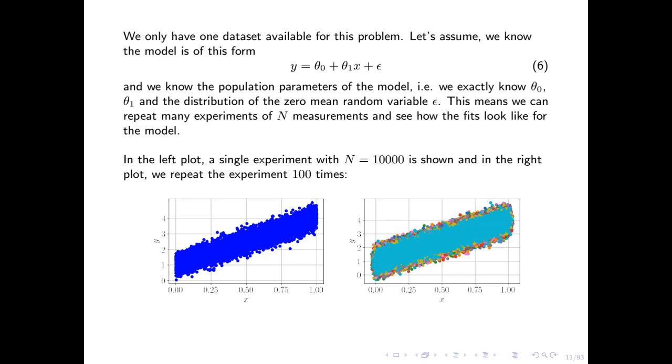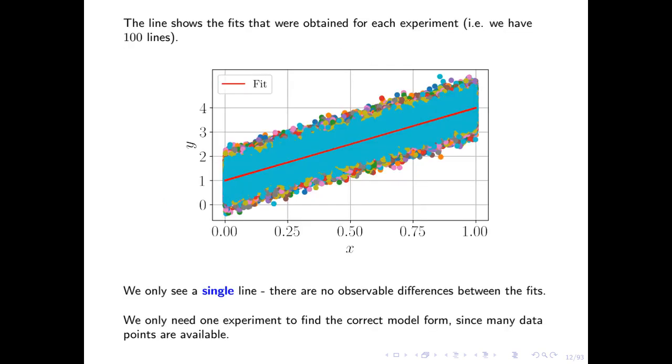But we can see just from looking at this plot, we have 10,000 data points for each experiment, and the data looks essentially the same. Of course, if you look at each data point, there's some variation, but there's no ambiguity how that line is going to look. If we fit the sum of squared error to that function, we get essentially one line out.